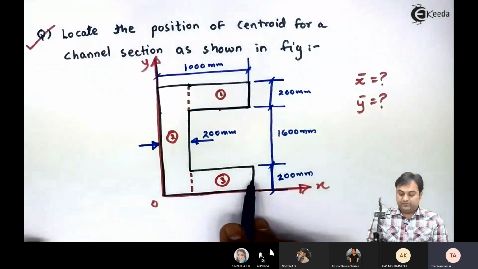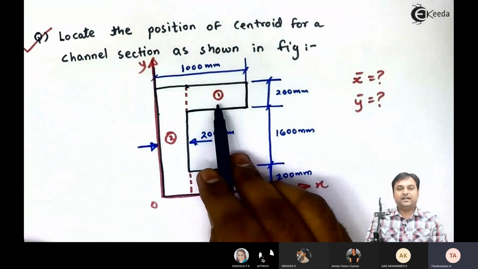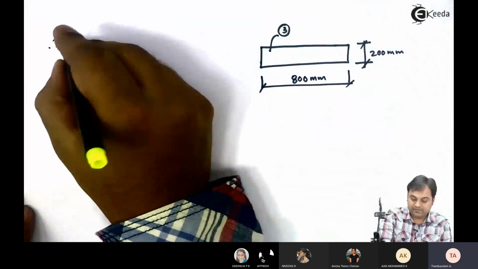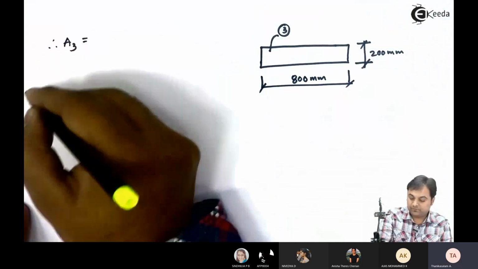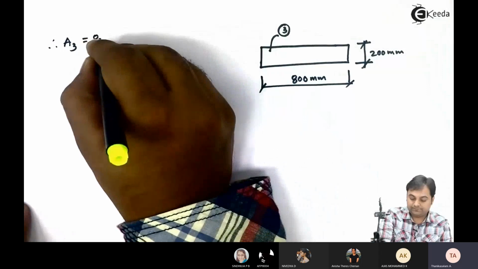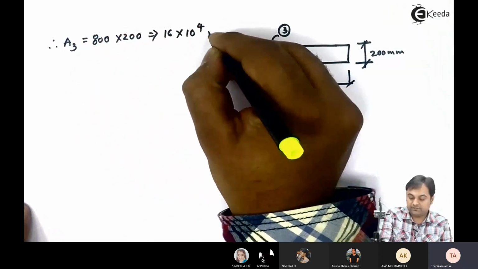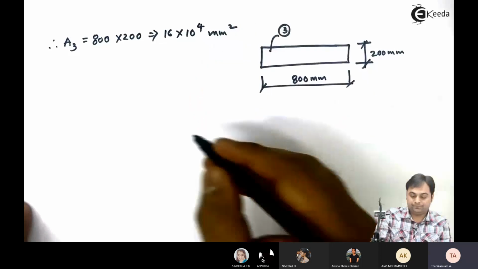This is rectangle number 3, having the same dimensions as rectangle 1. Therefore, area 3 is equal to 800 into 200, which is 16 into 10 raised to 4 mm².